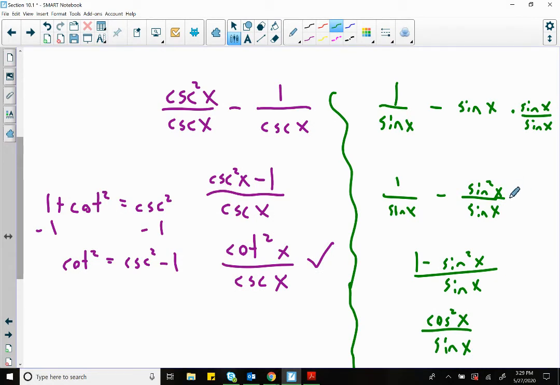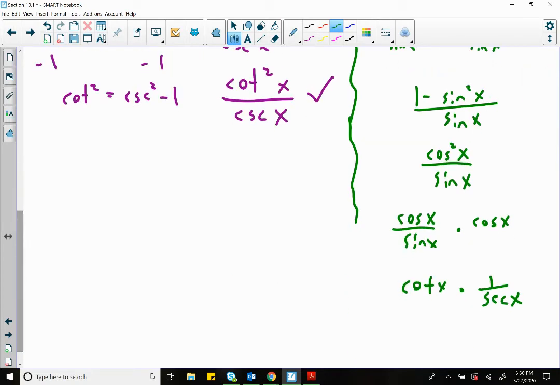And so that's 1 minus sine squared all over sine. And 1 minus sine squared is cosine squared, right? Yeah. And if I separate these, yeah, because this is all over 1. So weird.